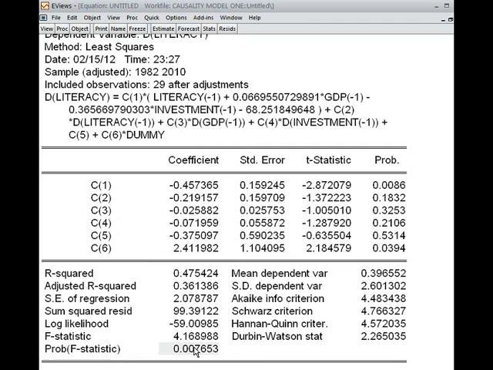And when the p-value is less than 5%, then we say that the independent variables jointly can influence the dependent variable, and that is desirable and that is what a good regression model should have. So we are happy about the F statistic.